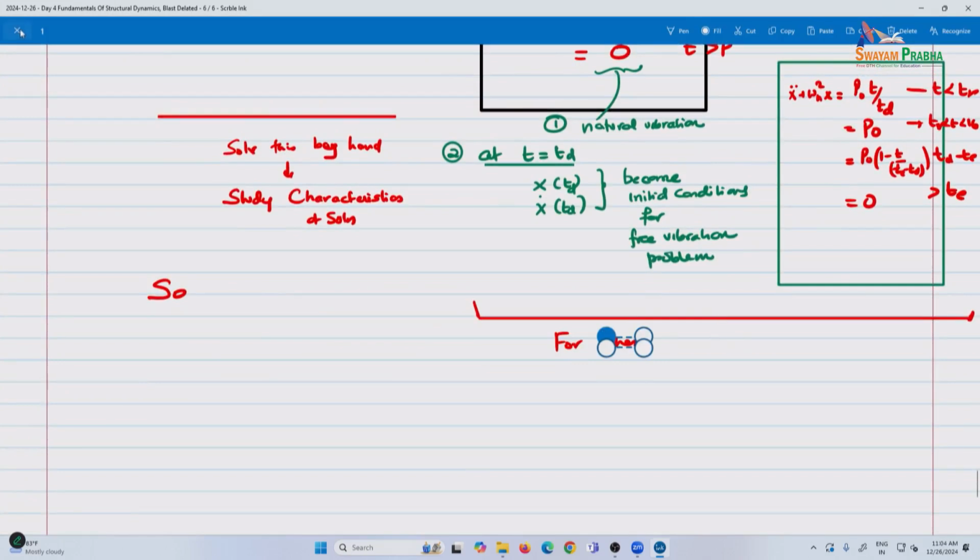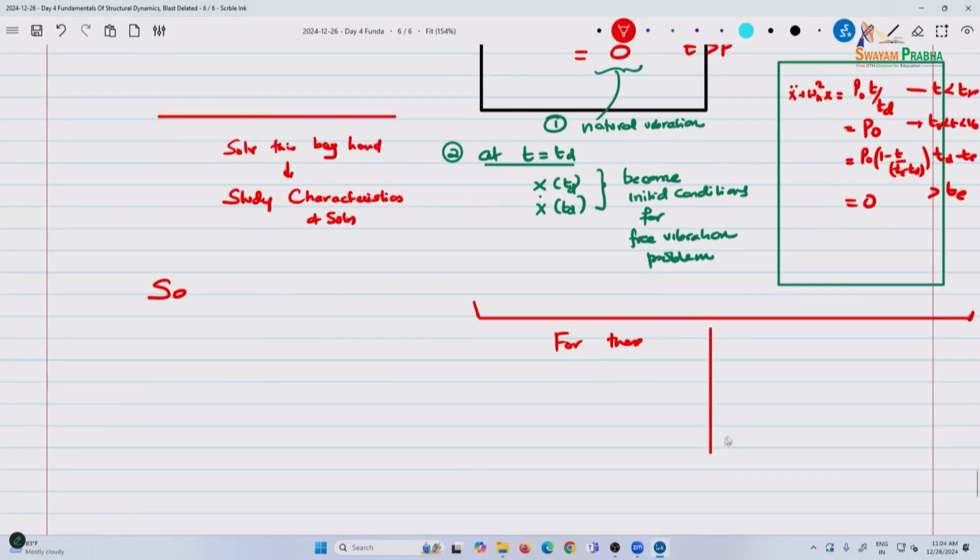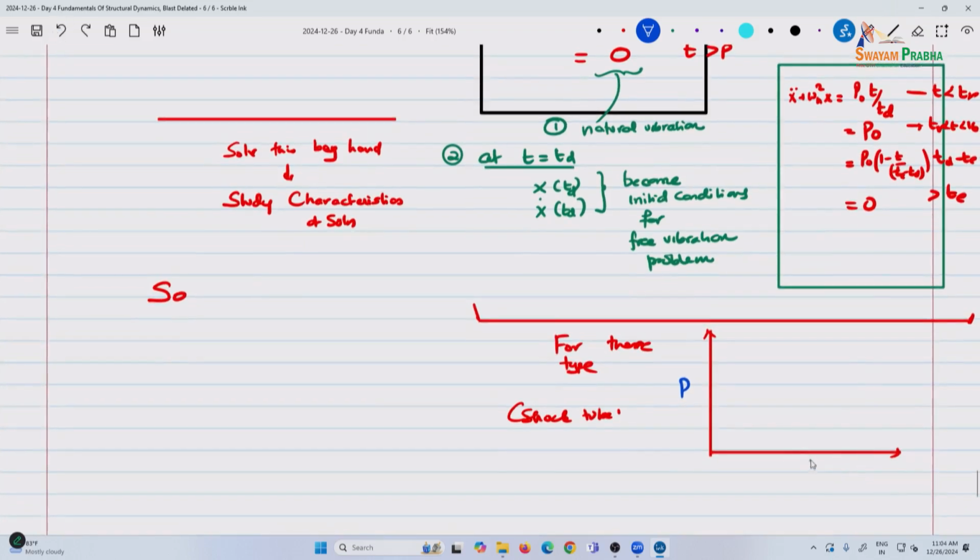Now, what we didn't talk about was, how does a shock tube pressure versus time look like? It looked, whatever it is, right? It's got all kinds of variations, right? So it can be very arbitrary.